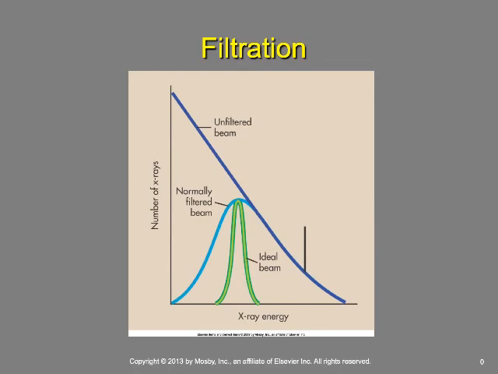So what are we going to do? We're going to add filtration. We're actually going to stop some of the X-rays from ever exiting the X-ray tube. We're going to use filtration. So when we filter the X-ray beam, you can see we've reduced all the way down to here. We've stopped all of those X-rays that were weak, that were useless. And we start to see a spike close to what's related to this curve here.